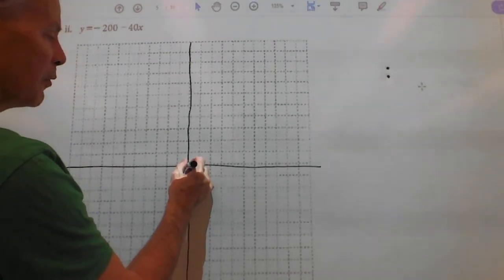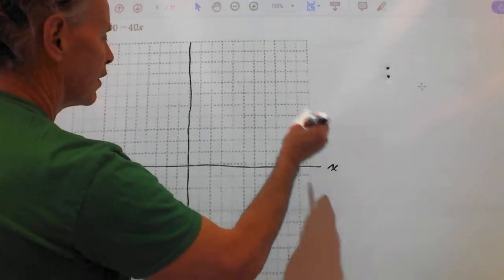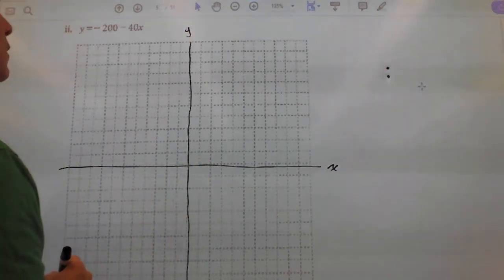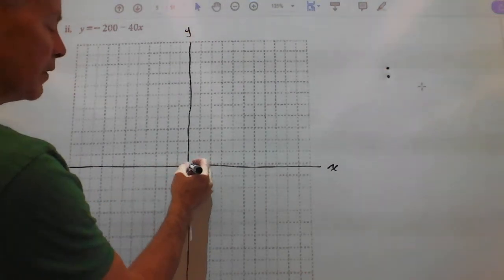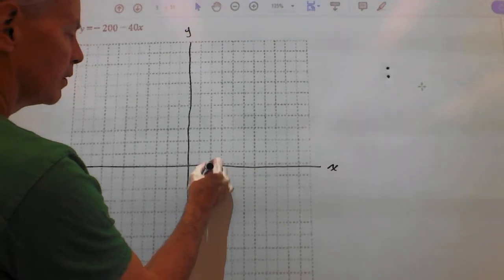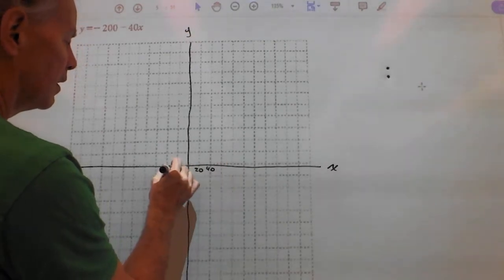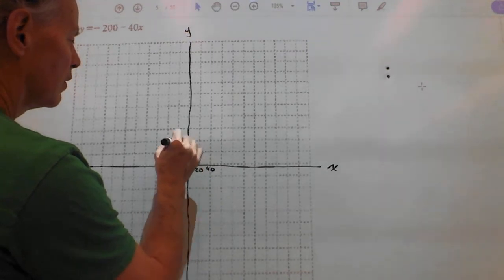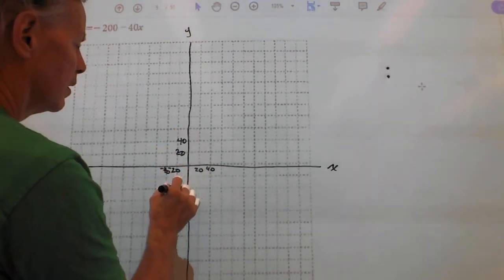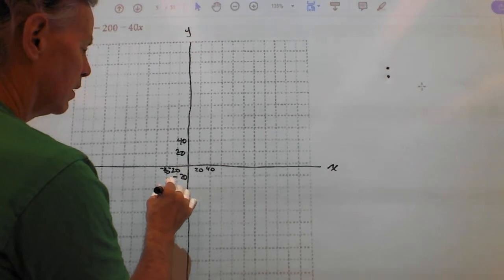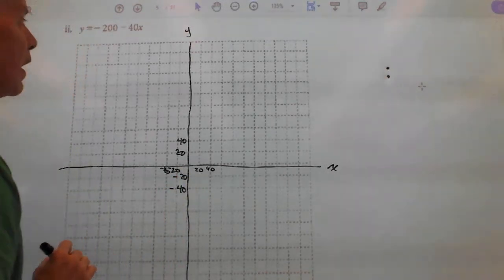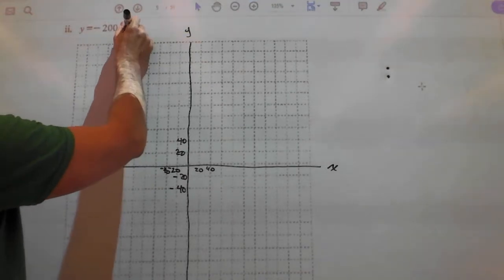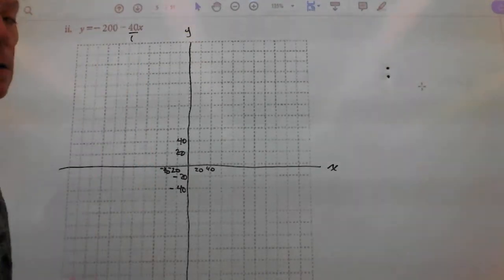Okay, so again, remembering the origin is at 0, here's your x, here's your y. If I go up by 20s, that means 20, 40, and so on, -20, -40, 20, 40, -20, -40, okay? So, our slope is -40 over 1, okay?